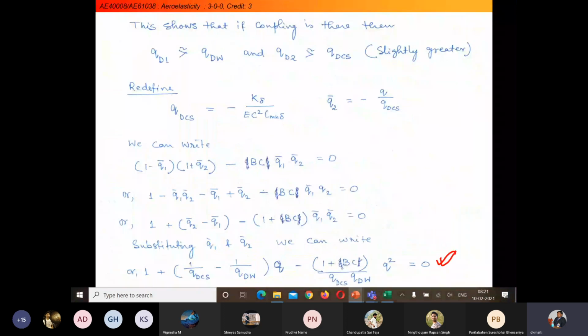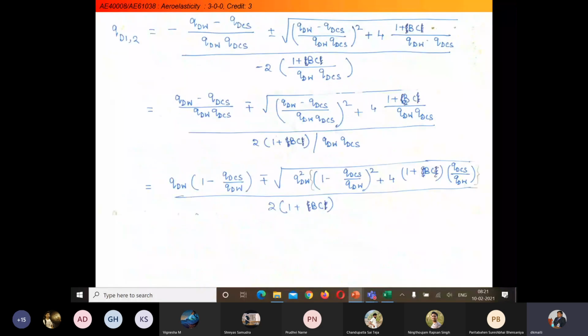Is it clear now? We have just redefined Q2 bar as minus Q by QD control surface, and with that I have taken it here as plus. Once we get the solution of this quadratic equation, we get QD1,2 equal to minus B plus or minus the square root of B square minus 4AC, divided by 2A.